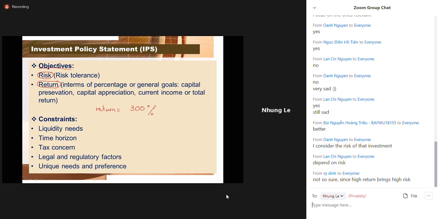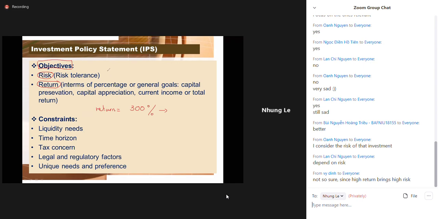Like I asked you before, you have to consider the level of risk you take. Exactly. Because to earn a 300% rate of return, many things can be done, and something even though illegal. As a result, we think about the risk. That's how you set up your objective. The objective includes risk and return.